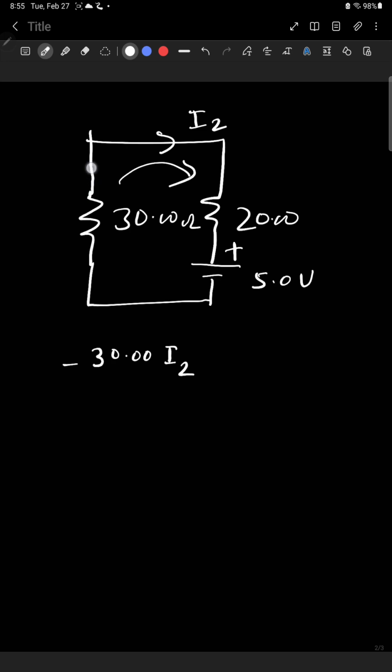I1 was going down, so I'm going in the opposite direction. So 30.00 times I1 should be positive.